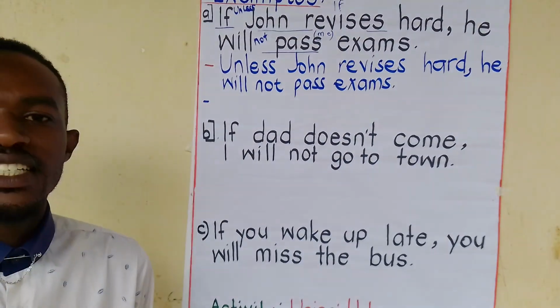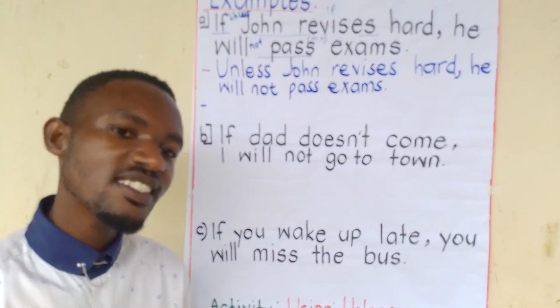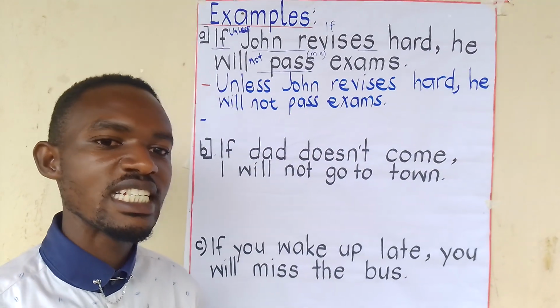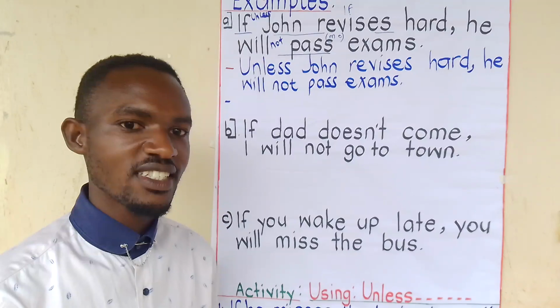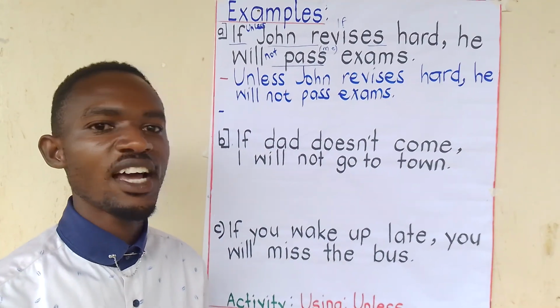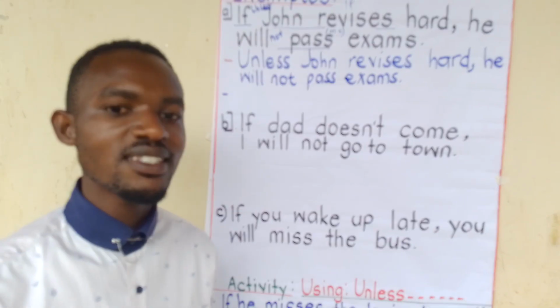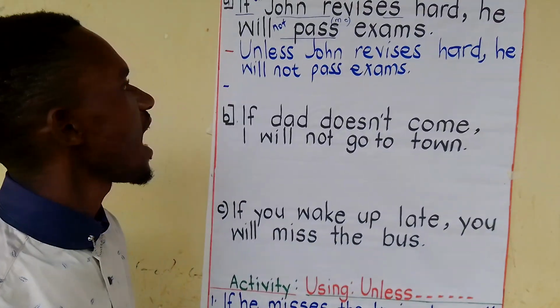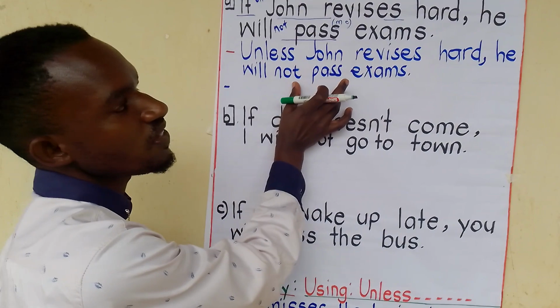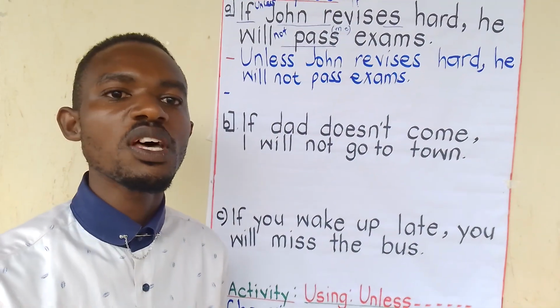I have said in the guidelines that unless can also be used in the middle of the sentence. This is what we are going to see. I know some of you out there are already thinking about how to use unless in the middle of the sentence. When we use unless in the middle of the sentence, we start with the main clause.